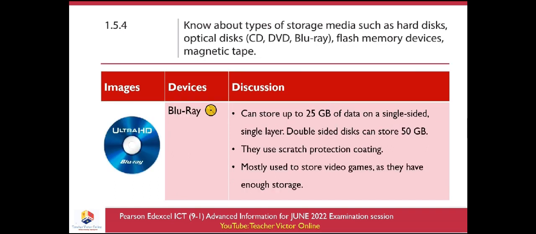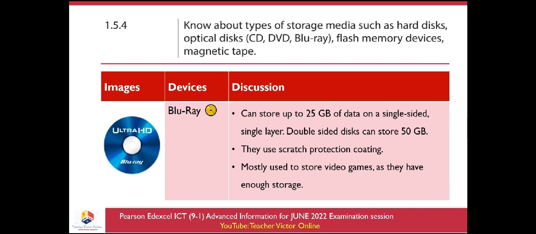What about Blu-ray disc? The picture there shows an Ultra HD Blu-ray disc. What can you say about Blu-ray? Blu-ray can store up to 25 GB of data on a single-sided single layer. A double-sided disc can store up to 50 GBs of data.